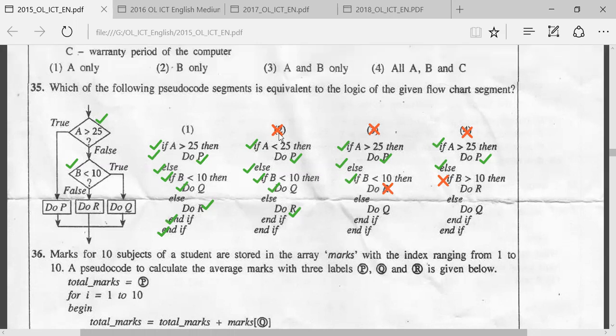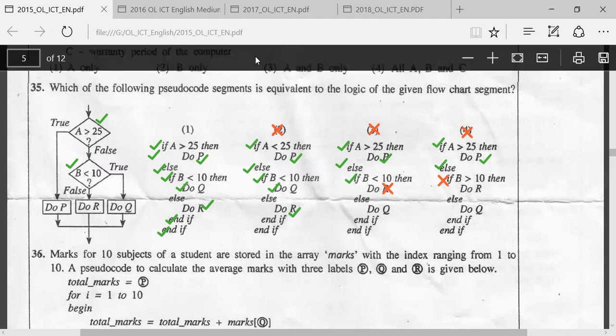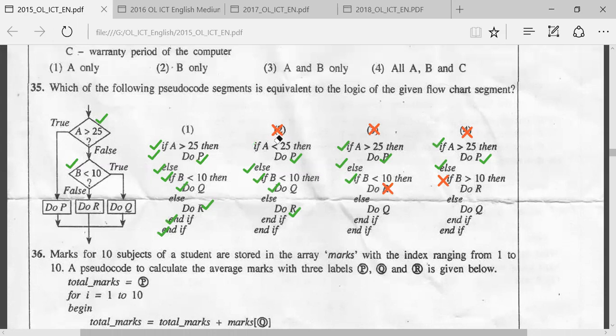So initially the condition is false. I forgot to say. So I had to erase this one. So initially this condition is false. That's why I will remove this one. So the correct answer option is the first answer option.